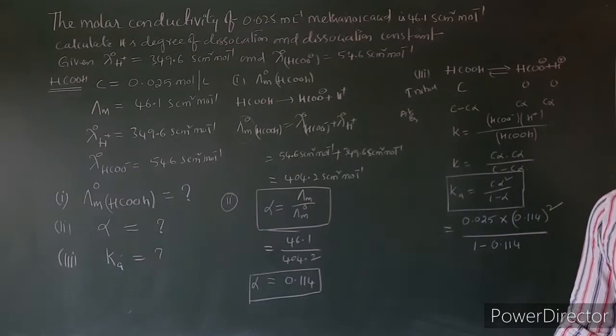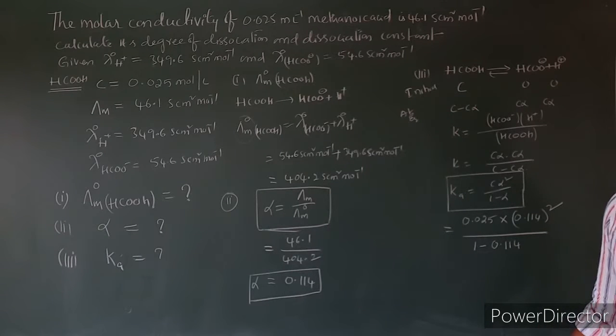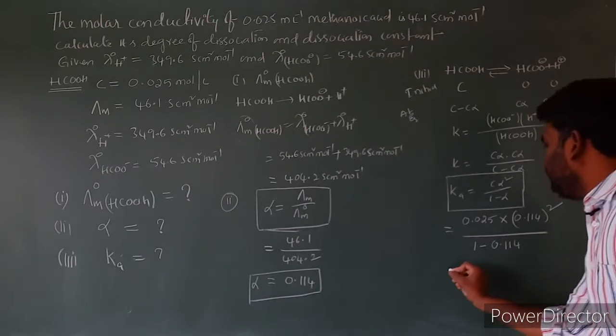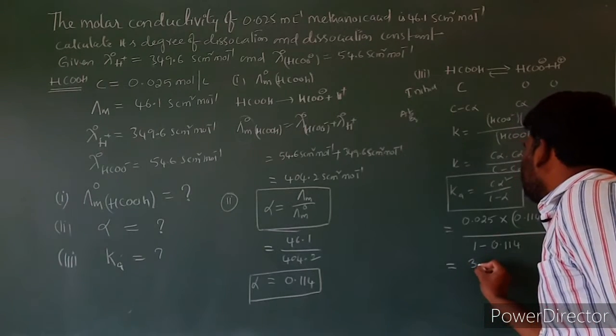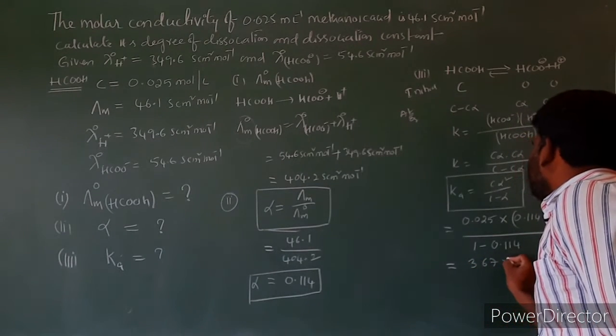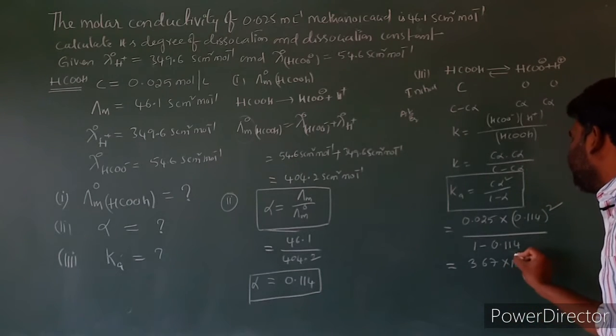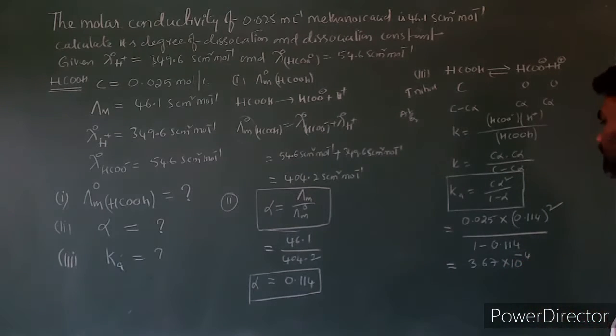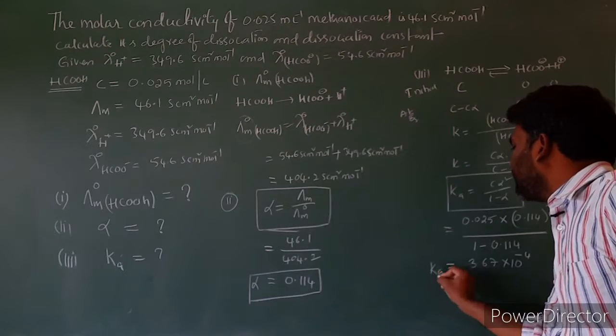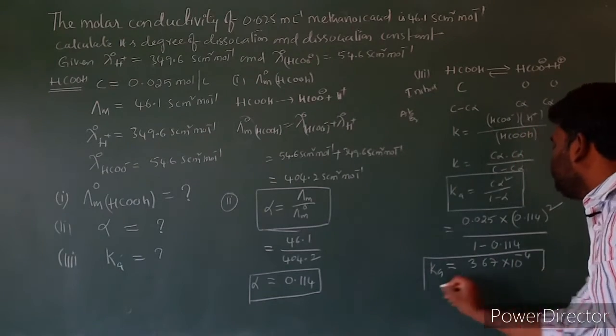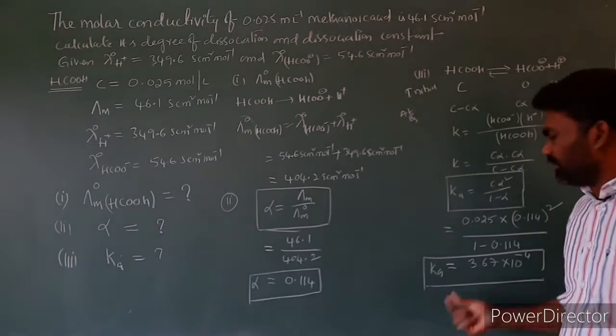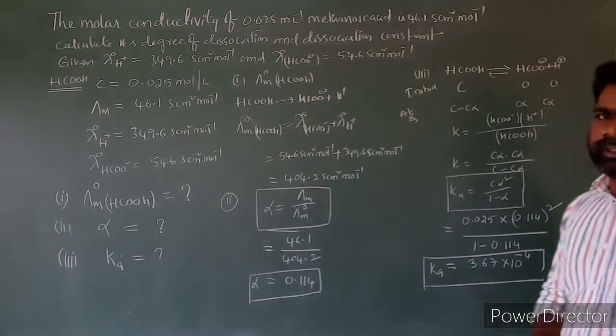So upon simplification of this equation you will get 3.67 into 10 power minus 4. So this is the Ka value. Ka is equal to 3.67 into 10 power minus 4.